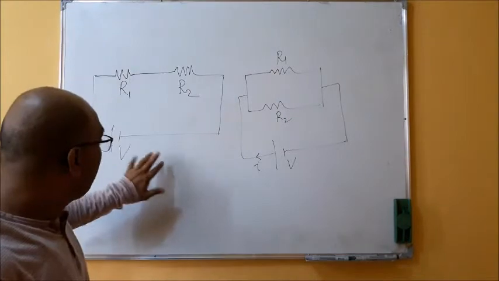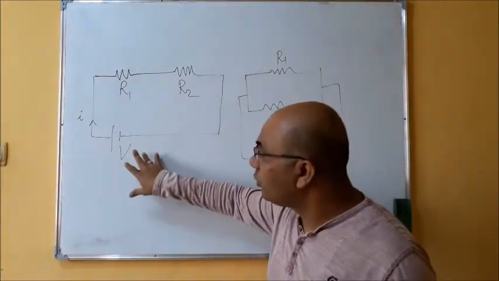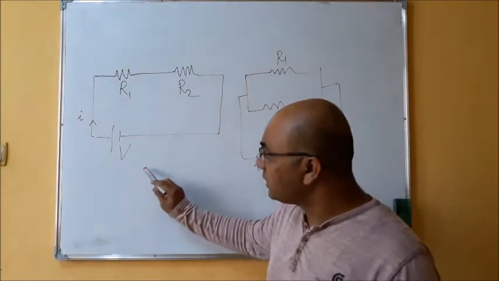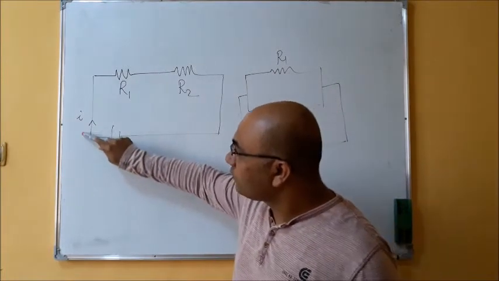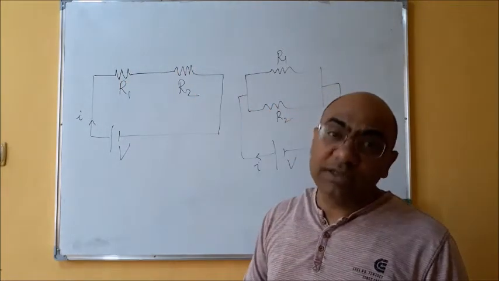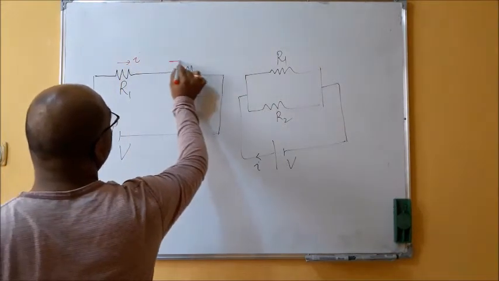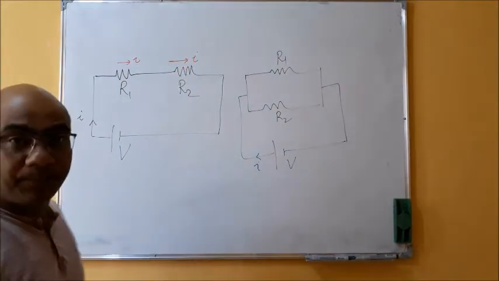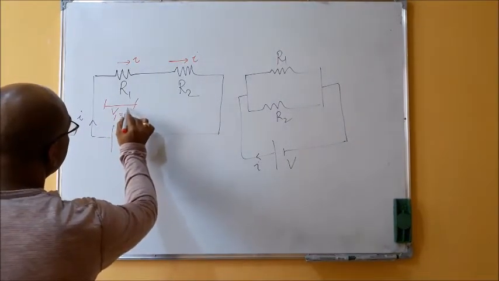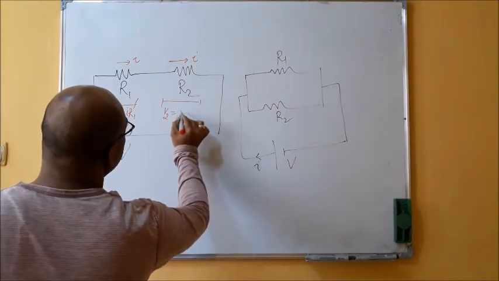If this arrangement is connected with a voltage source V, in the first case the current I flows from the voltage source, and the current will be the same in both the resistances. So the current in this resistance is I, and also the current in the other resistance is I. Naturally, the voltage across this is IR1 and the voltage across the other is IR2.